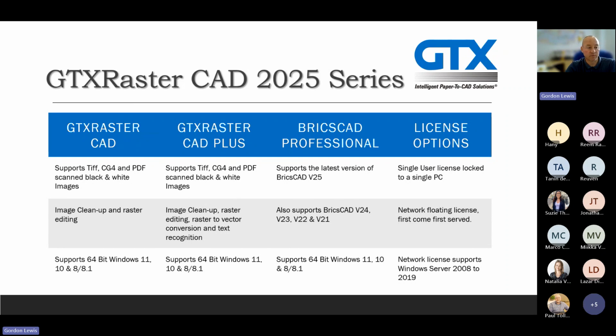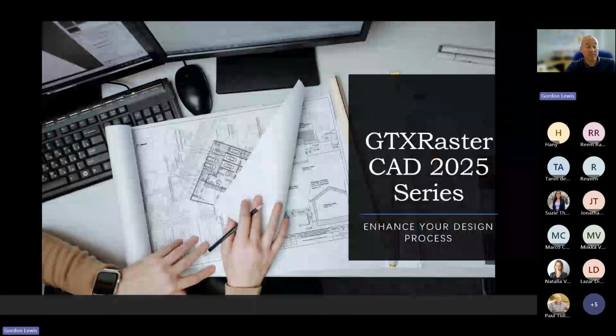And like I say, we also support the latest server operating systems as well. We use the FlexEra FlexLM product for that at the moment, but we are looking to implement a few additional features in the next or future releases. So that's a quick overview of GTX and the software itself.